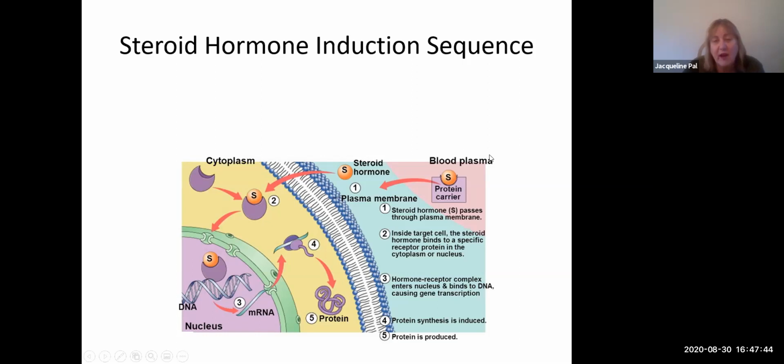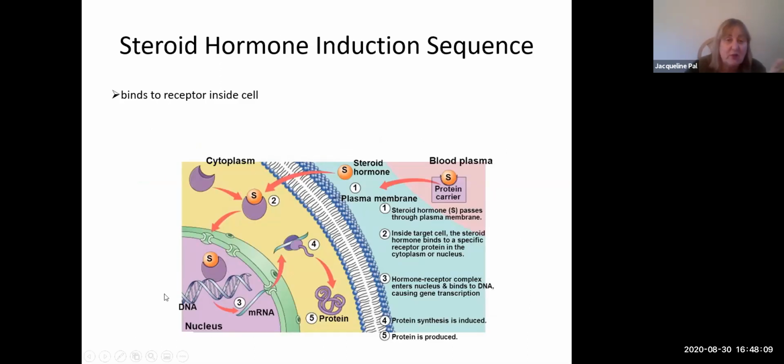Shown at the upper right-hand corner of this picture, the steroid hormone in the blood has a protein carrier, and it is bound. Once it's unbound and free, it can then go through the plasma membrane. Its receptors are not on the plasma membrane. Its receptor is inside the cell.